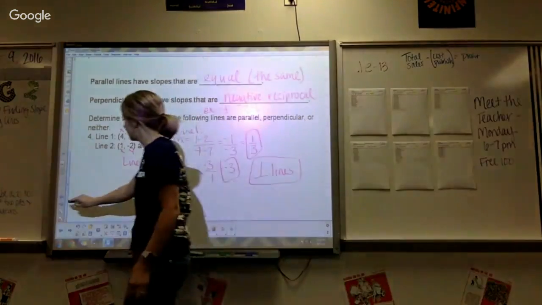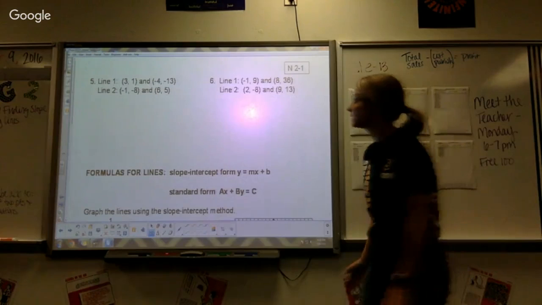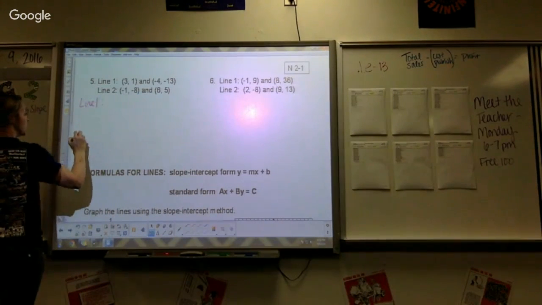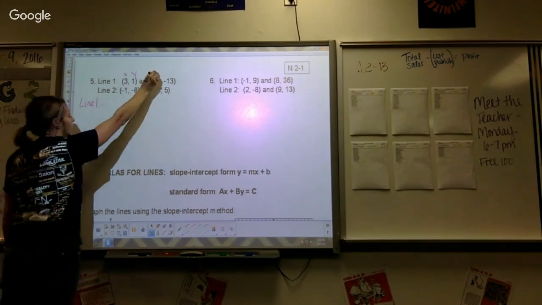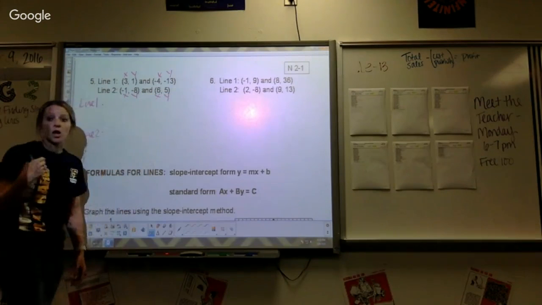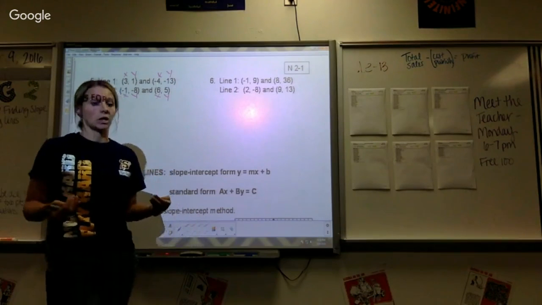Okay, so looking at 5, we're going to do the same thing. So we have 2 lines. We're going to find the slope of each one, and then we'll compare the 2 slopes. It might help you to label each ordered pair, so that way you're not subtracting a y with an x. Always subtract the y's and then subtract the x's.